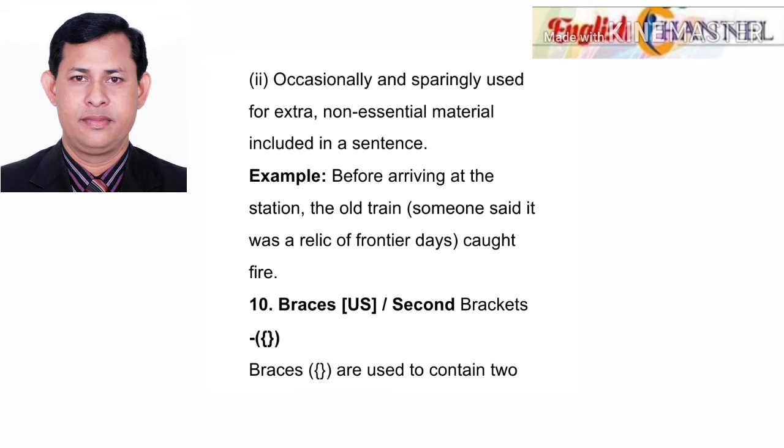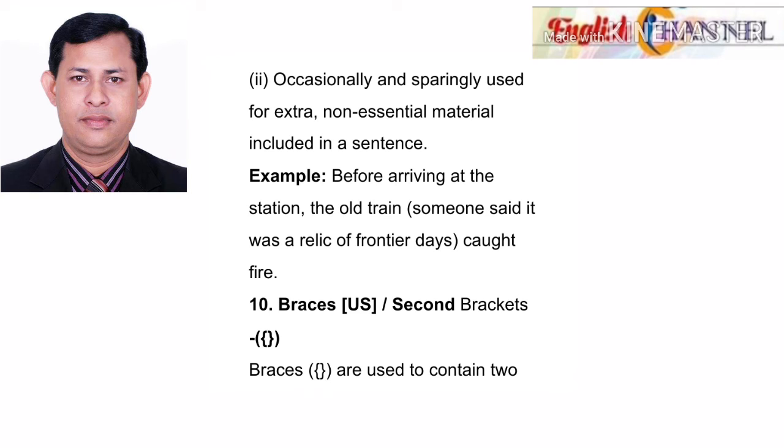Example: before arriving at the station, the old train, parentheses or first brackets, someone said it was a relic of frontier days, caught fire. In this example, within parentheses or first brackets, we notice an extra or non-essential information.